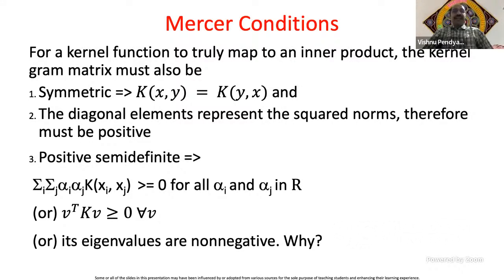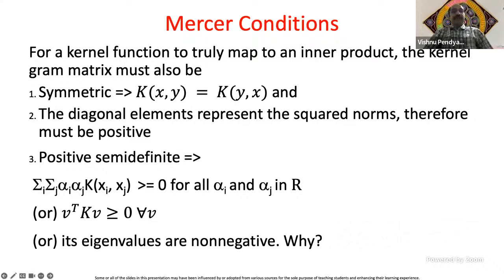And the diagonal elements represent the squared norms, therefore must be positive. Right, the diagonal elements are basically k of x comma x for various values of x, which represent the norm, and the norm has to be positive, so the diagonal elements must be positive as well.